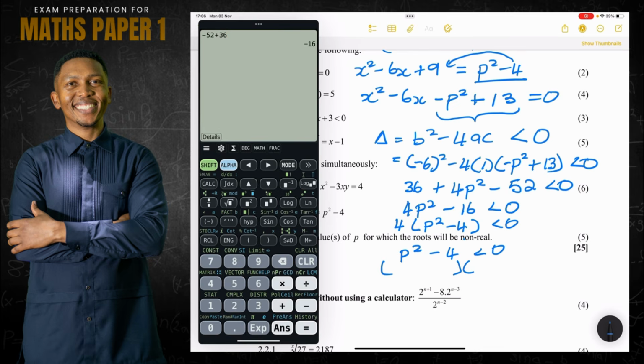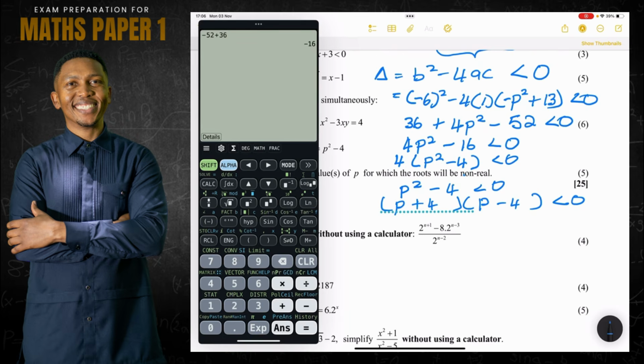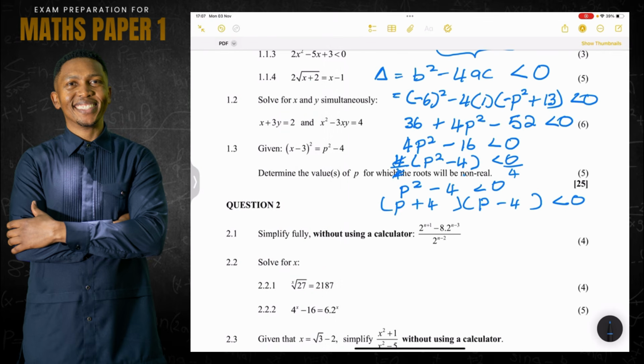It's the difference of squares, so we've got (p + 2)(p − 2) < 0. We've just factorized this after dividing by 4, so please don't be alarmed. Because we are dividing by a positive, the inequality does not change sign. So we've got our critical values at −2 as well as +2.